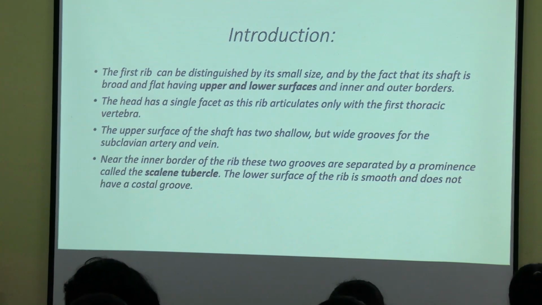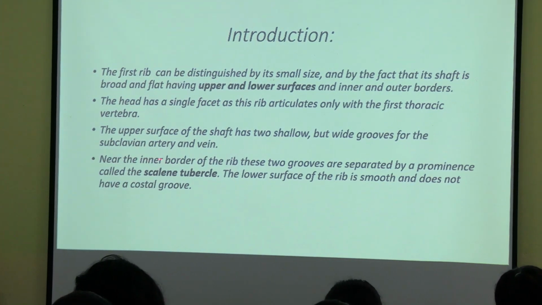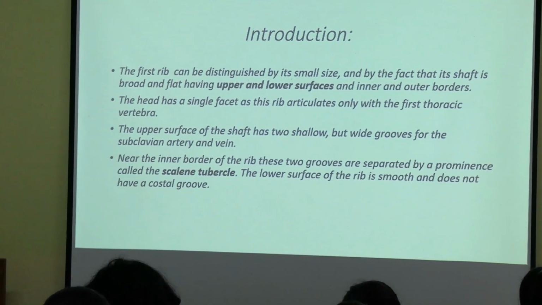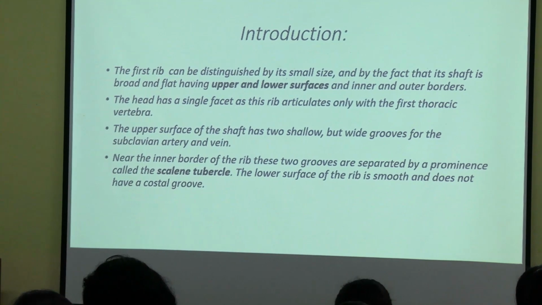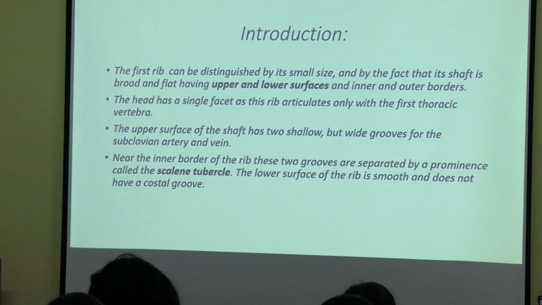The lower surface of the rib is smooth and does not have a costal groove, but we have already written that, so no need to write the last line. Just write: near the inner border of the rib, between these two grooves, there is a prominence known as the scalene tubercle. Which muscle? Scalenus anterior.